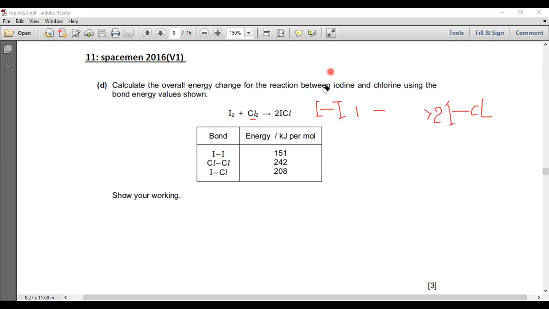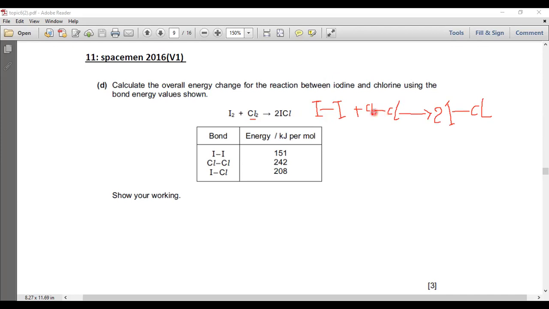Okay. This is the reaction. Here you have I bond I. Why did you multiply it by 2? Do you have a number here at the beginning? No. So you have I bond I, it's individual. Even here, Cl bond Cl. Why did you multiply it by 2?